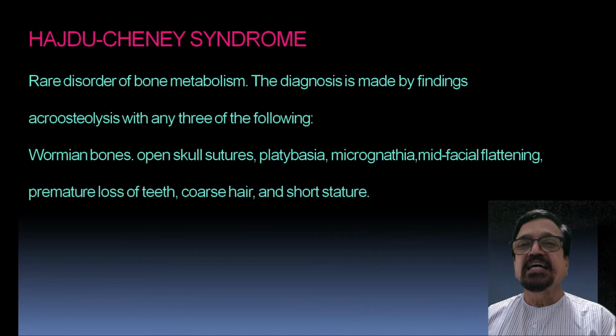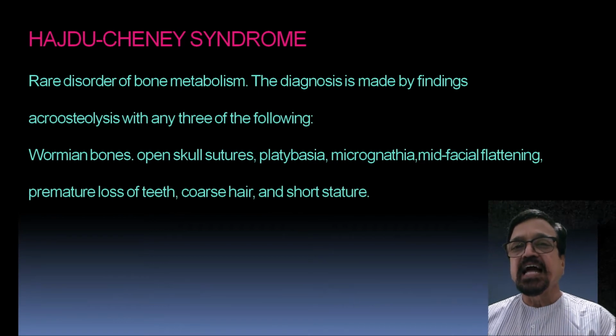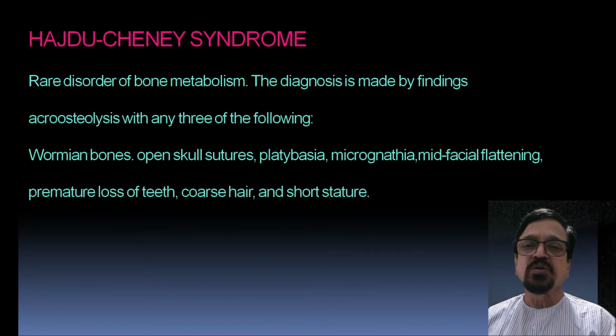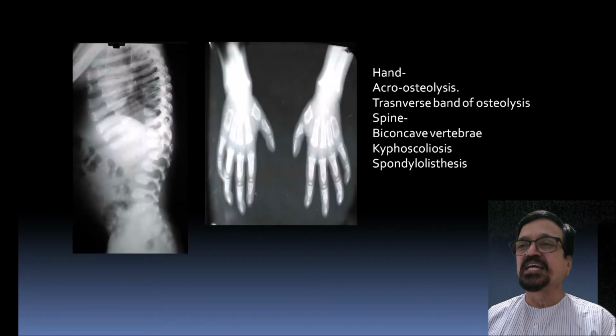Now is the Hajdu-Cheney syndrome. It's a rare disorder of bone metabolism. The diagnosis is made by the finding of acro-osteolysis with any three of the following: Wormian bones, open skull sutures, platybasia, micrognathia, mid-facial flattening, premature loss of teeth, or coarse hair and short stature.